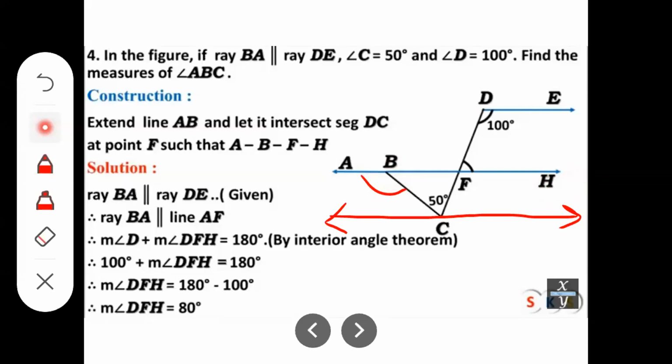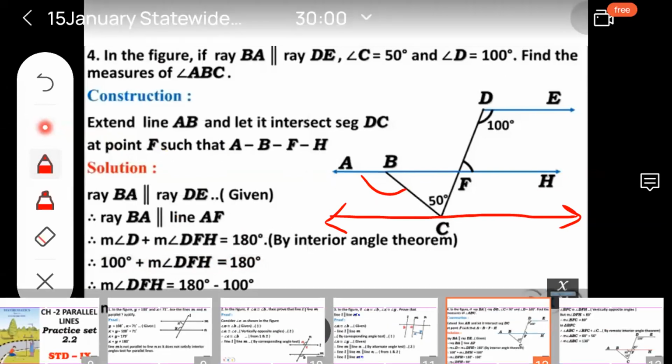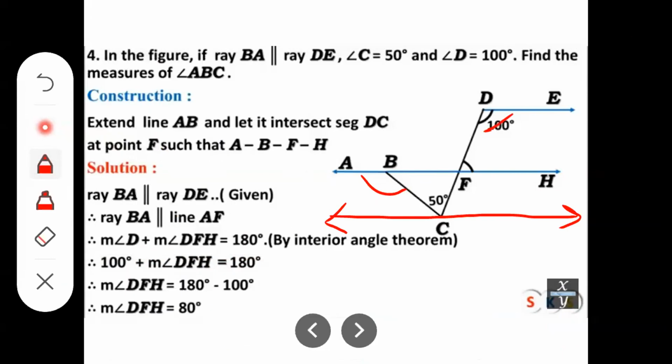Now the measure of angle D plus the measure of angle DFH equal to 180 degrees. Now see the angles. Angle D is here. That is given as 100 degrees. And angle DFH means DFH.